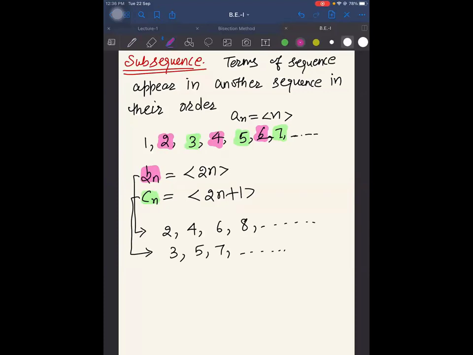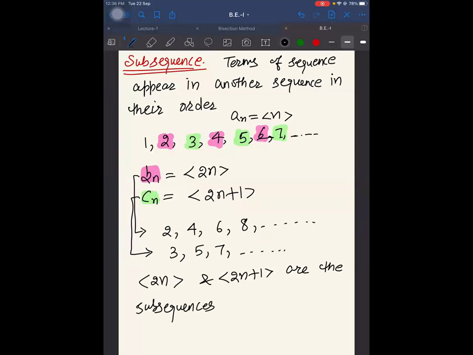So we clearly say that 2n and 2n plus 1 are subsequences of n. There may be other subsequences as well.